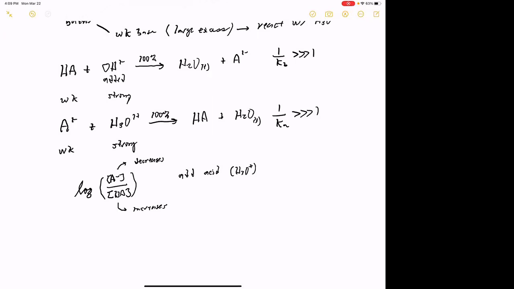And here's the deal. Does that really matter that much mathematically? Because what am I doing? I'm adding that log term to the pKa, right? The pKa is constant. That's not moving. But what does a log do? So if I take a ratio and then I change that ratio a little bit and take the log of it, what does the log physically do to that number?